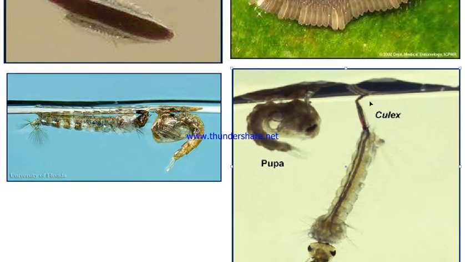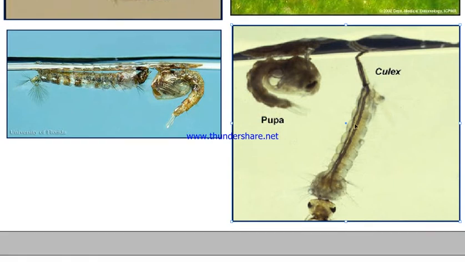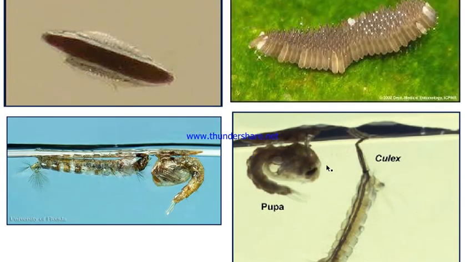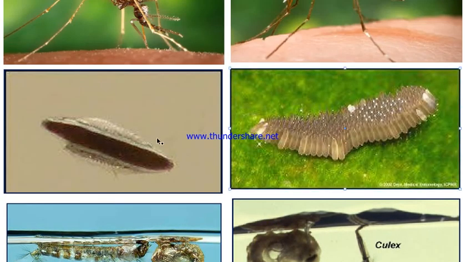Whereas larva of Culex mosquito, look, with the help of this trumpet they are attached to the surface of water, but their body is facing downward because they are bottom feeders. They feed on the microorganisms present at the bottom of the pond. Yes, you heard it right, bottom of pond, because mosquitoes lay their eggs in water, not on land.